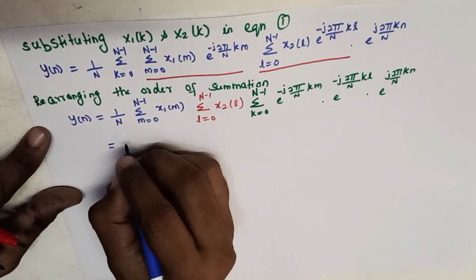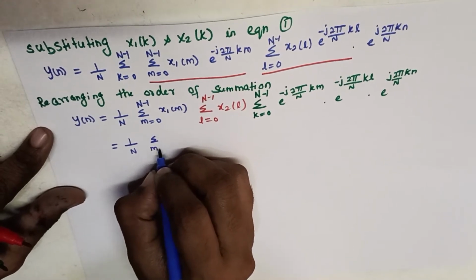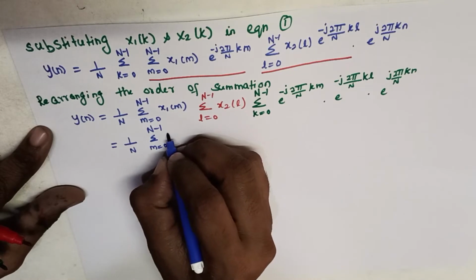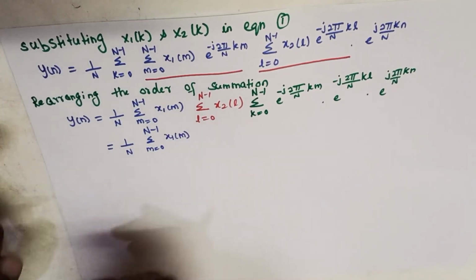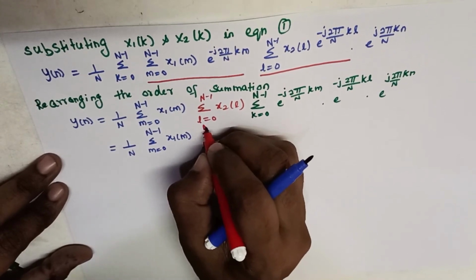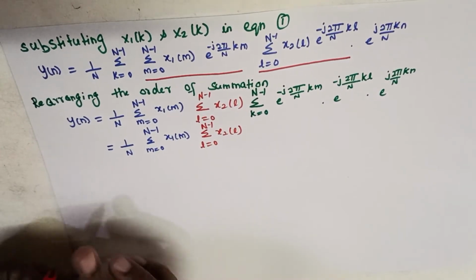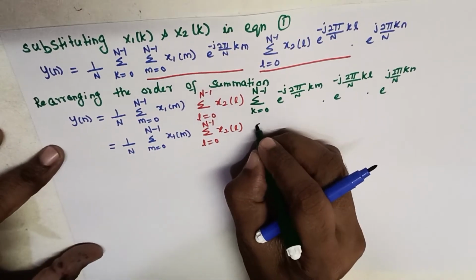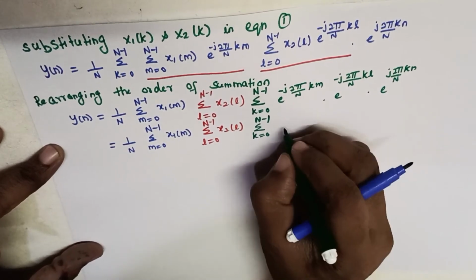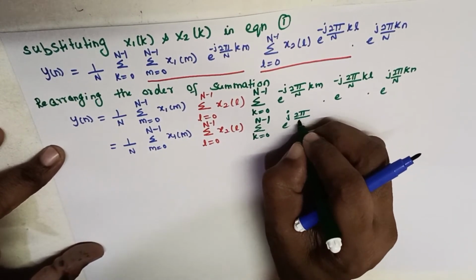Now if you look at this, we can write it as summation m is equal to 0 to n minus 1 x1 of m, summation L is equal to 0 to n minus 1 x2 of L, and the third summation can be written as k is equal to 0 to n minus 1 e power j 2 pi by n.